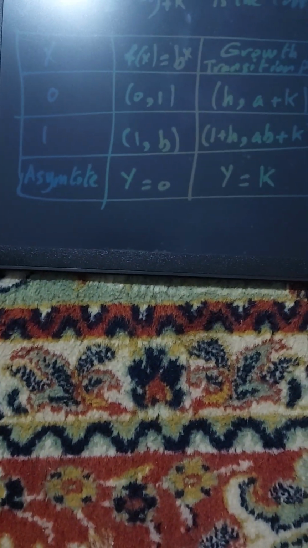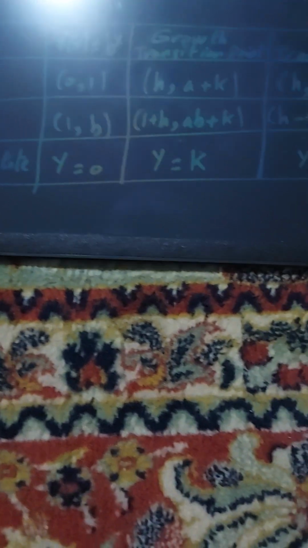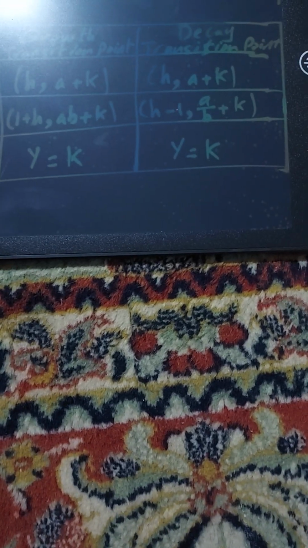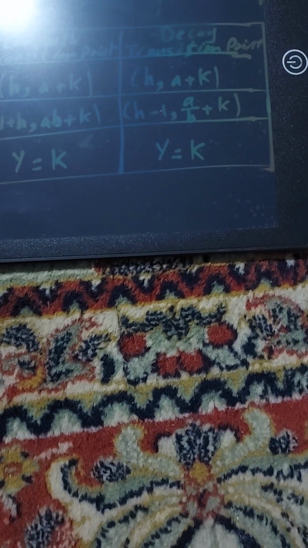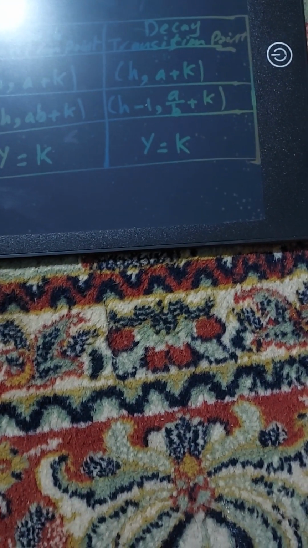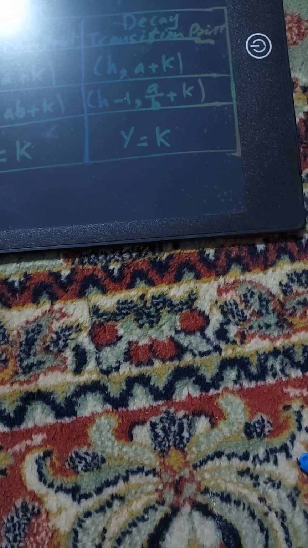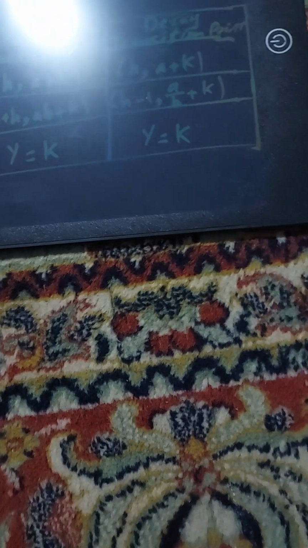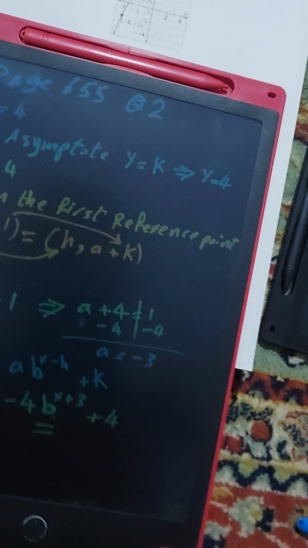The asymptote for the parent function is always y equals 0, but for growth and decay, y equals k. This information is important for us to remember when we're trying to solve a decay exponential function.